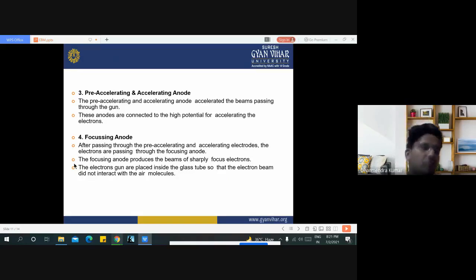And the fourth one is the focusing anode, which is placed at the end of the electron gun. After passing through the pre-accelerating and accelerating electrodes, the electrons pass through the focusing anode. The focusing anode produces a sharply focused beam of electrons, and the electron gun is placed inside a glass tube so that the electron beam does not interact with the air molecules.